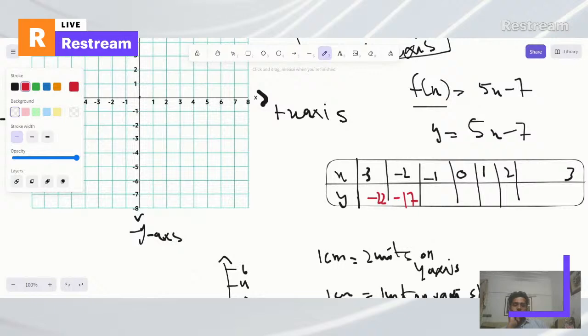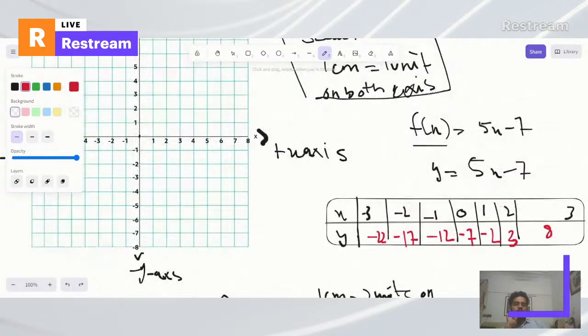Now -1 times 5 is -5, minus 7, so it becomes -12, right? And then if I plug in 0, it's going to become -7. And then on 1, it's going to become -2, and then on 2, it's going to become 10, 10 minus 7, 3. And then on 3 is going to become 15, 15 minus 7, it's going to become 8, right? So here's 8.